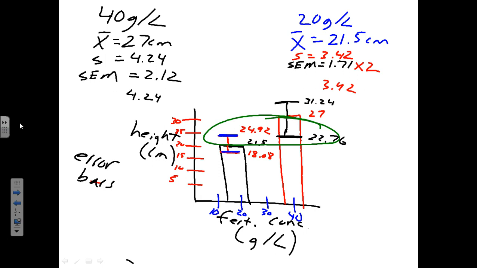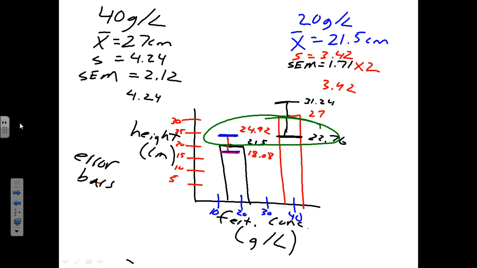What does that mean about that extra 20 grams of fertilizer per liter? It didn't really do you any good. It wasn't worth your money. Because statistically, this mean is really not much different than this other mean. It's not significant. So our answer to that question would be, they are not statistically different, because there's a lot of overlap between the error bars. Does that make sense? Yes.